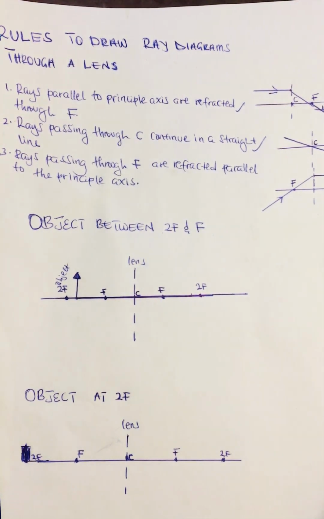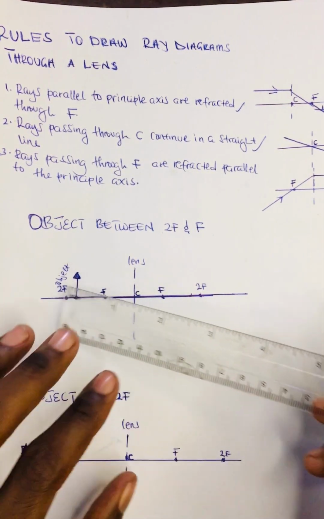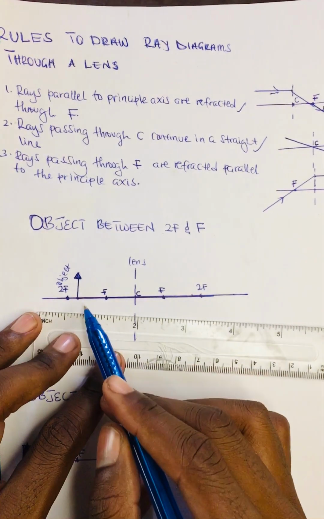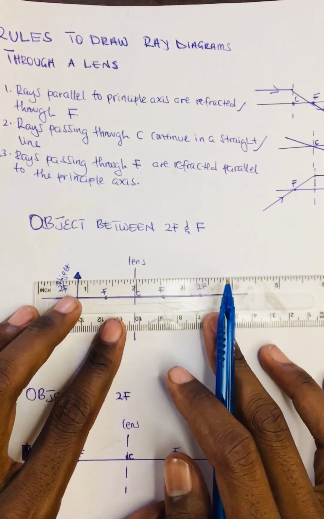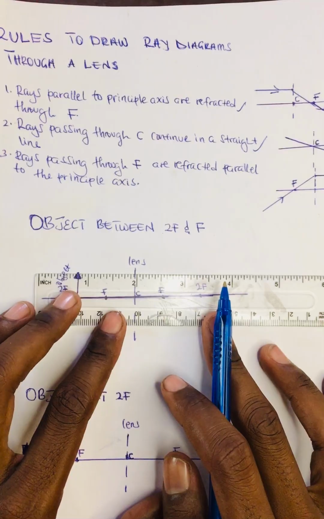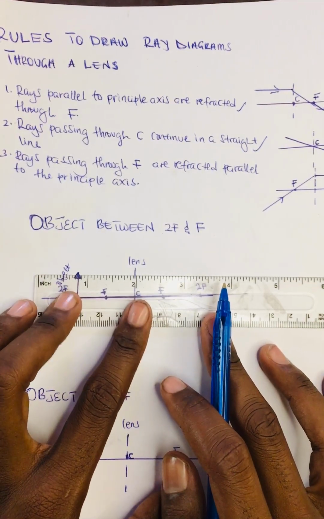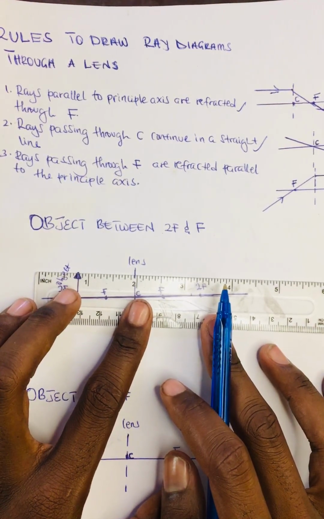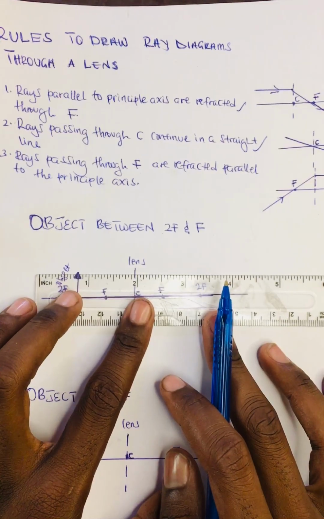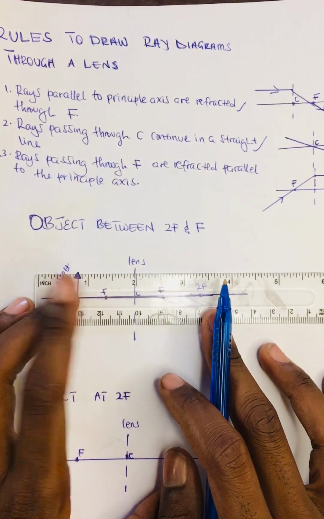So we follow the first rule. We are going to draw a ray that is going to be parallel to the principal axis, and that ray will move from the top of the object like that. So we're going to draw a ray on top of the object and make it parallel to the principal axis.